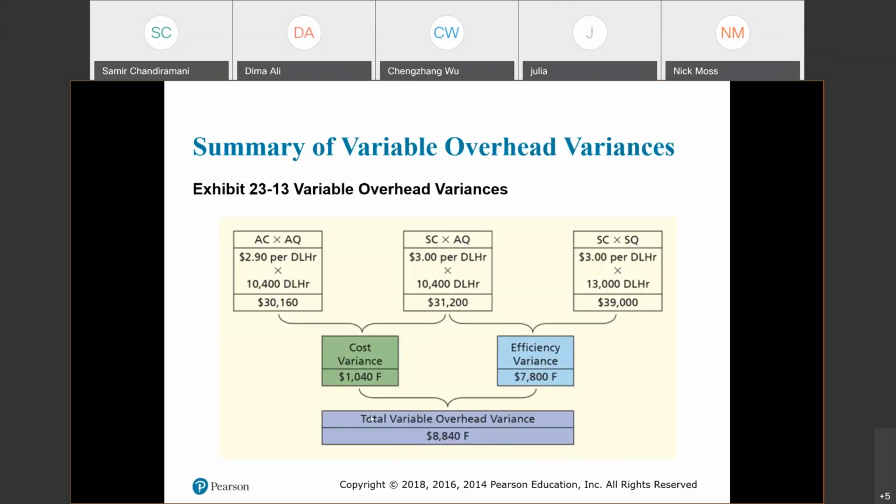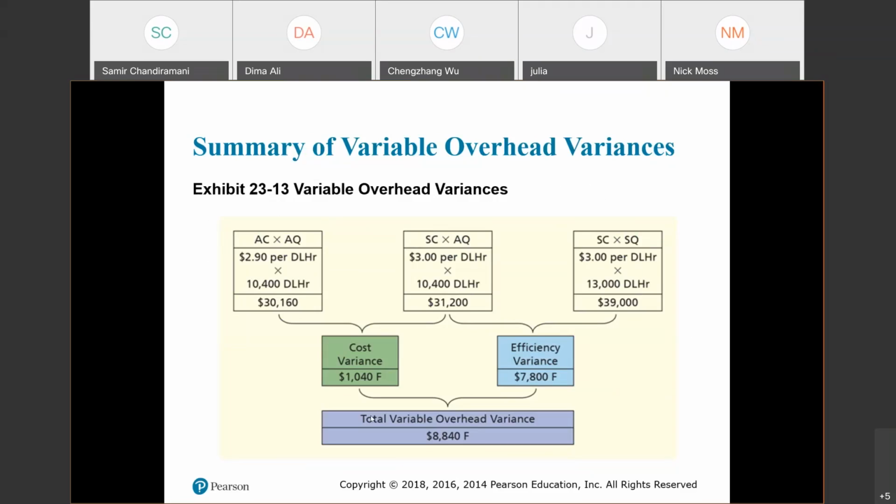So this slide summarizes how the company divides the $8,840 favorable variable overhead flexible budget variance into its cost and efficiency components.